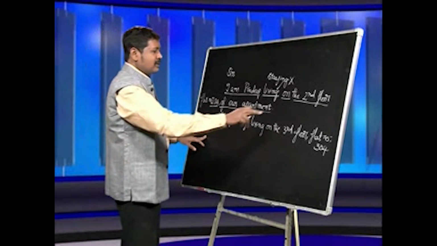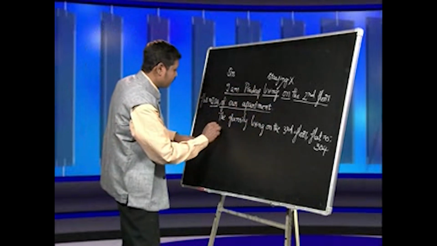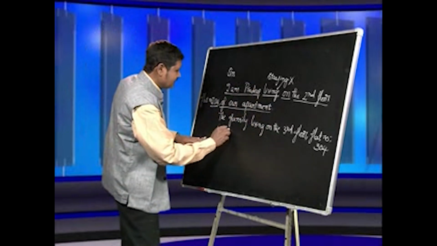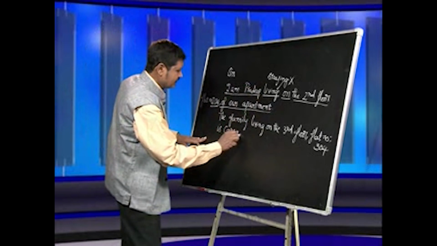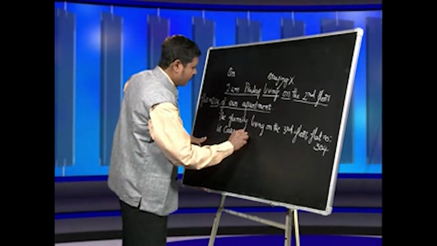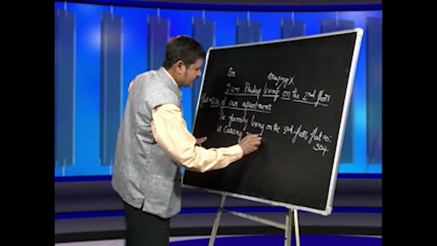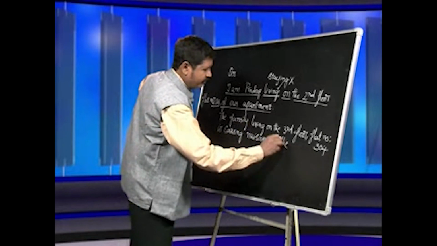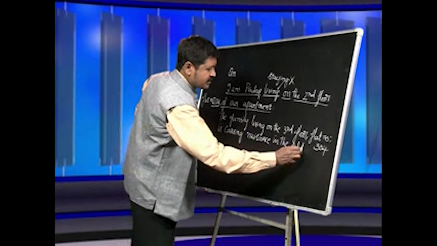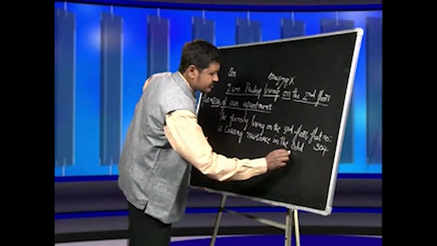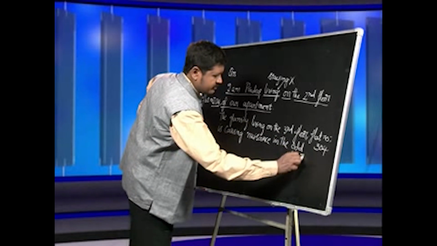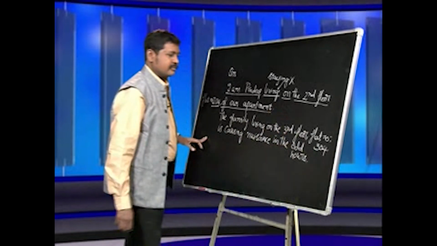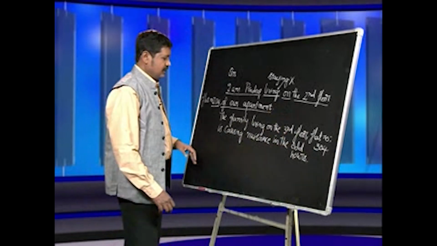So the family living on the third floor, flat number 304, is causing nuisance in the odd hours. In the odd hours.